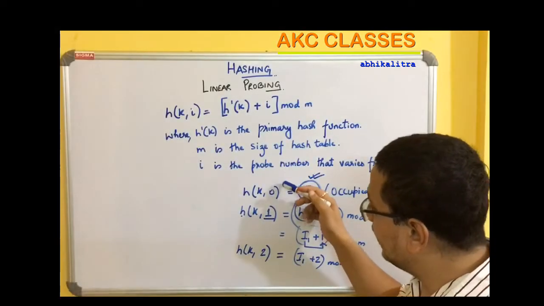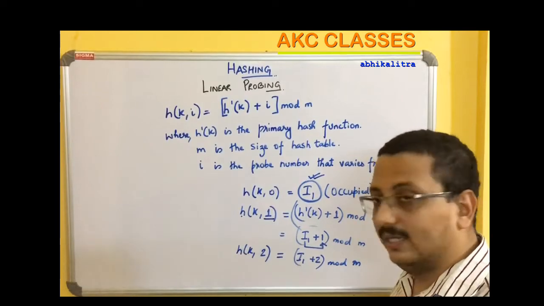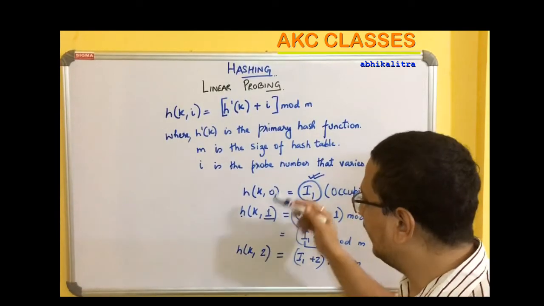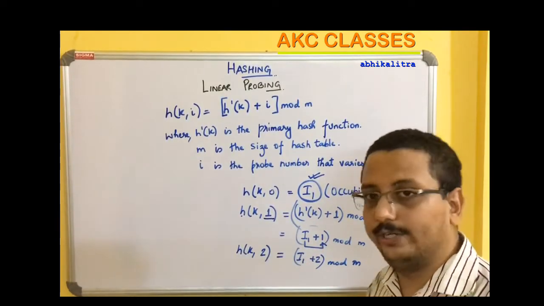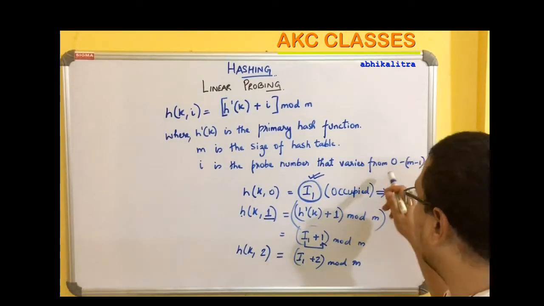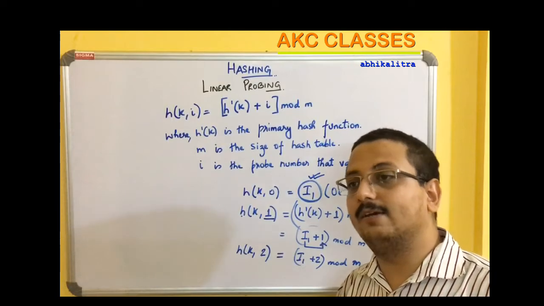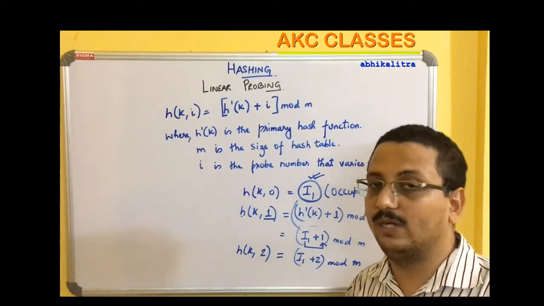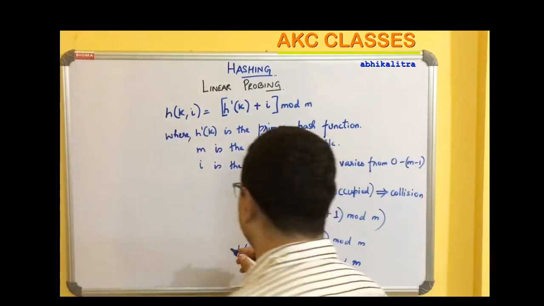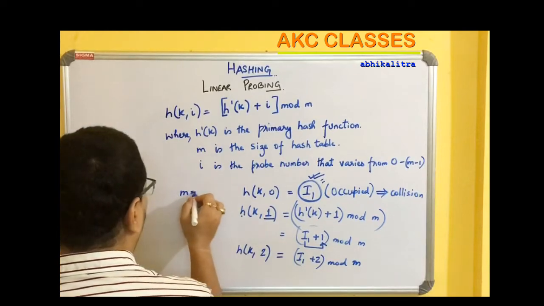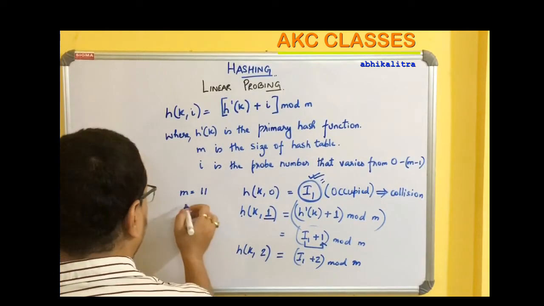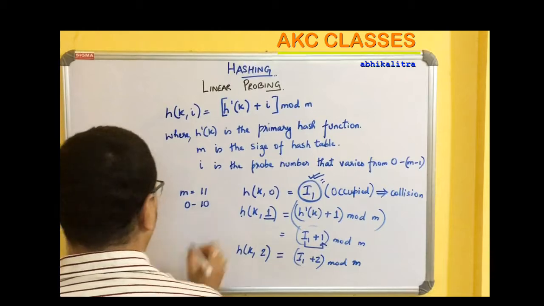Now the next question is when we are going to stop. The first condition is that until and unless we find a free slot, we are not going to stop. Since i ranges from 0 to m minus 1, we keep on incrementing i till we reach m minus 1. If I have a hash table with m equal to 11, that means the array indices range from 0 to 10.